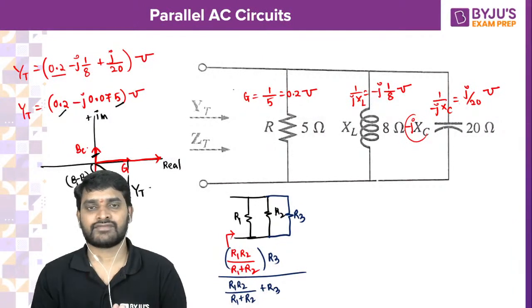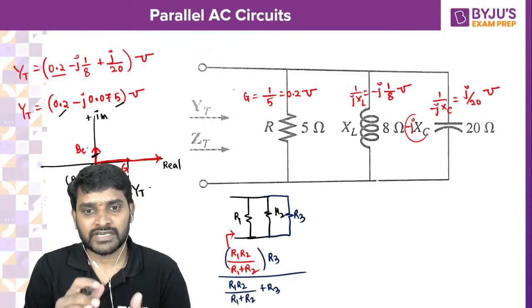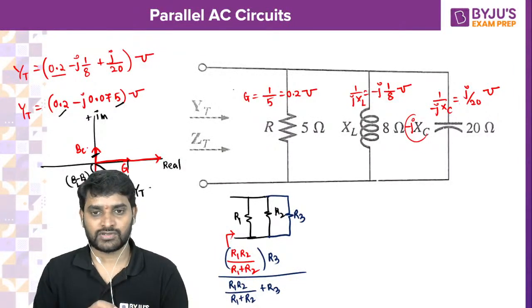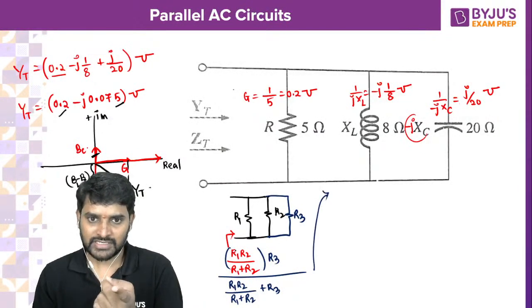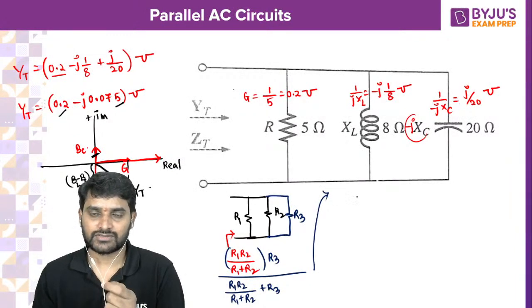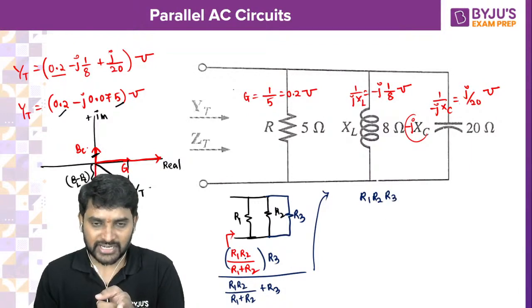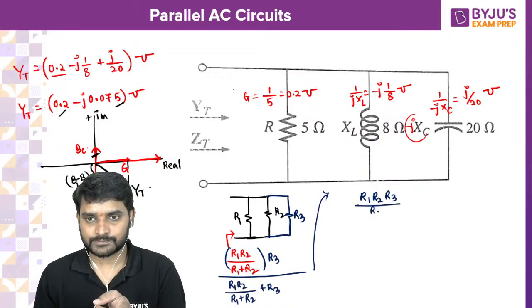This is how you have to do it. If you simplify this, in the numerator you are going to get R1, R2, R3, and in the denominator R1 plus R2.